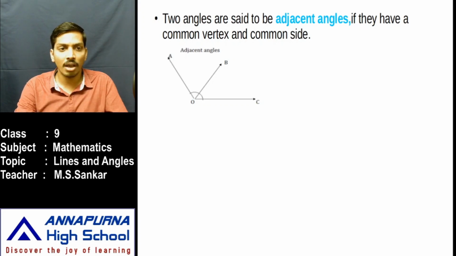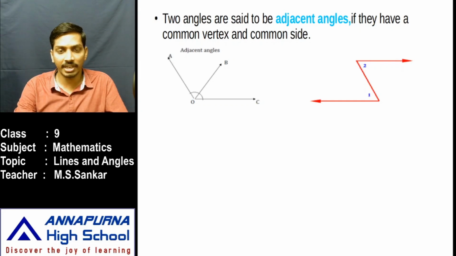O is the common point. Angle AOB and angle BOC have a common vertex O and a common side OB. So the two angles AOB and BOC are adjacent angles.